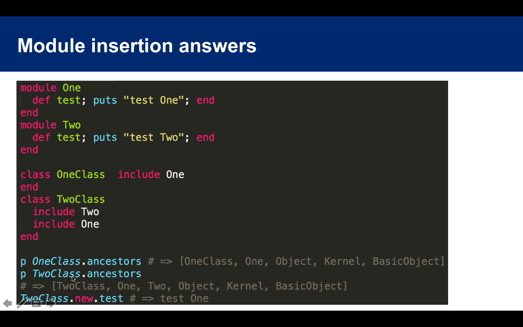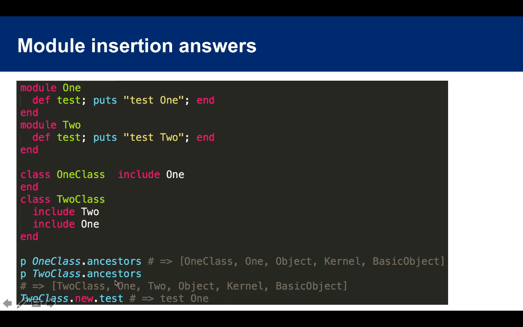And then the Two class is going to be the same, except the One module was the one that was included the latest. So it's going to be inserted right above the class, and then Two and so on. So in this case, because module 1 was included the latest, it gets inserted all the way at the beginning. It sort of gets inserted in front.